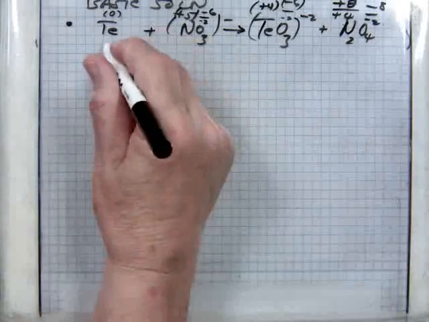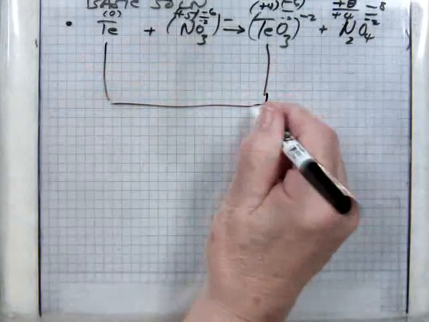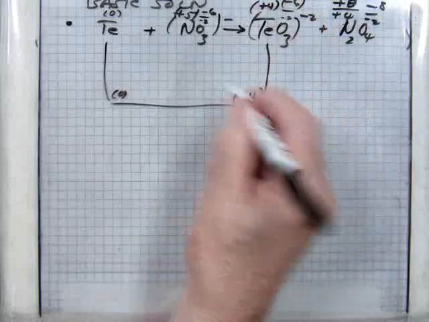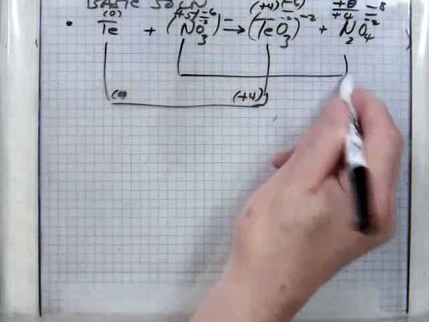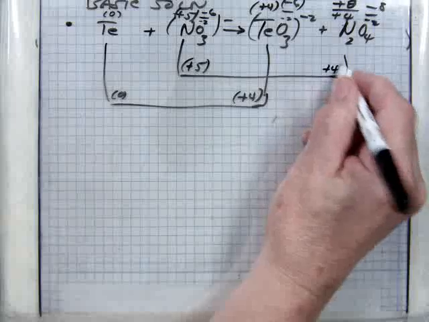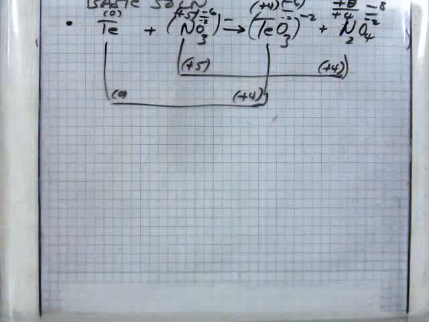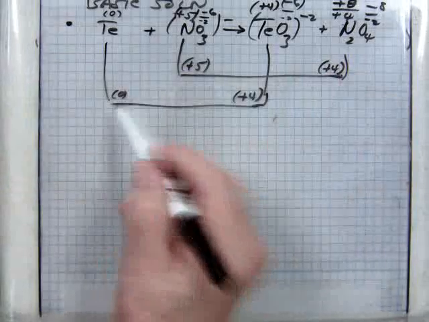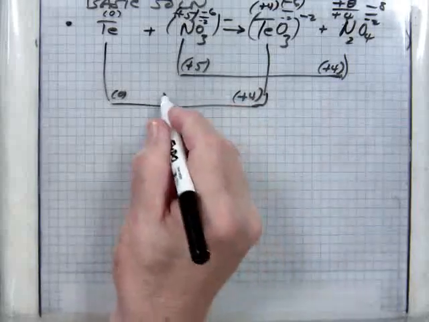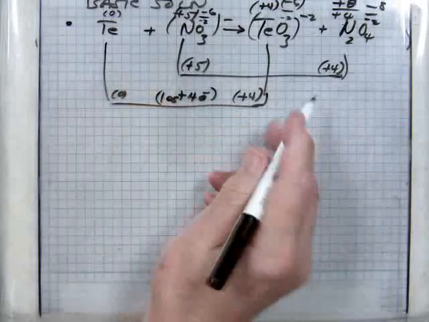So now we need to identify the changes per element. Everybody good? Stop me if you need to. 0 to +4 means we've lost 4 electrons per tellurium.